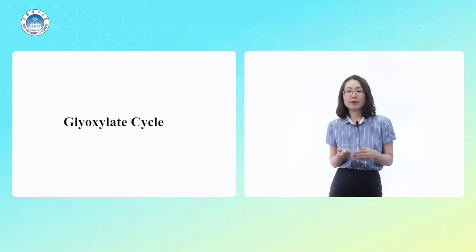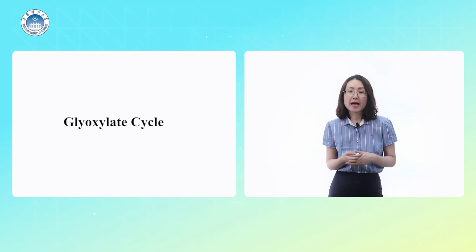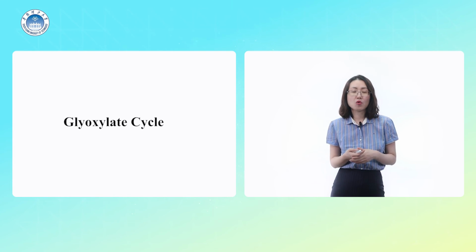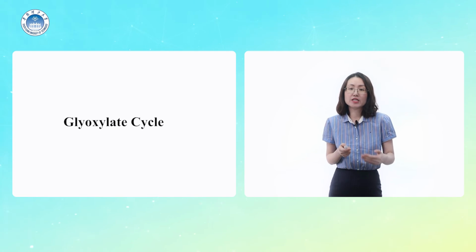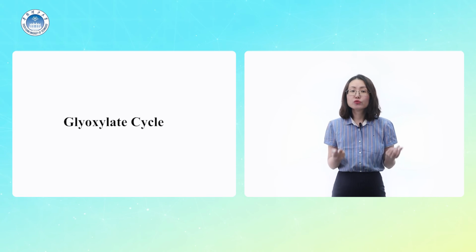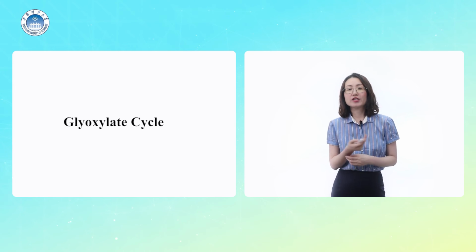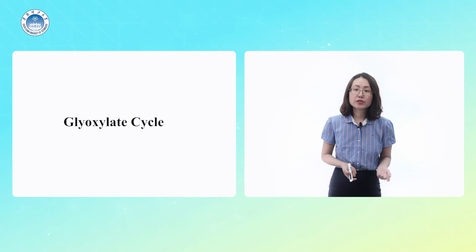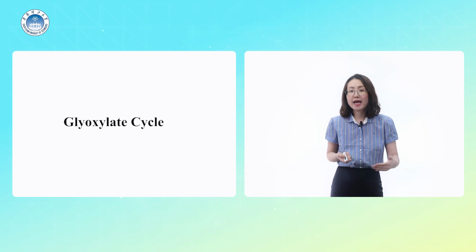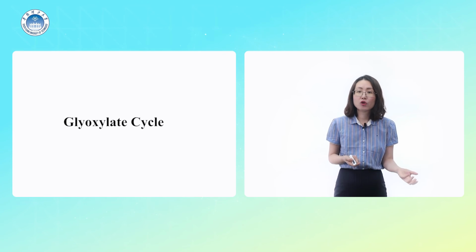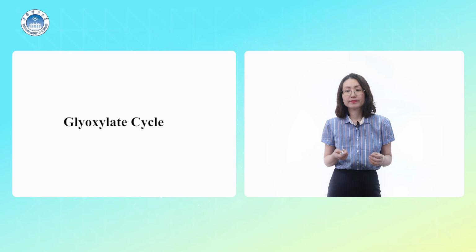So then let's talk about the glyoxylate cycle. Although oxaloacetate is formed in the TCA cycle, the 2 decarboxylations that take place before the regeneration of oxaloacetate prevent the net conversion of acetyl-CoA to glucose.